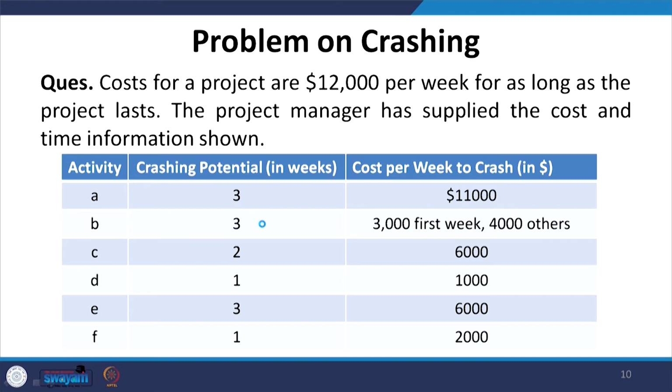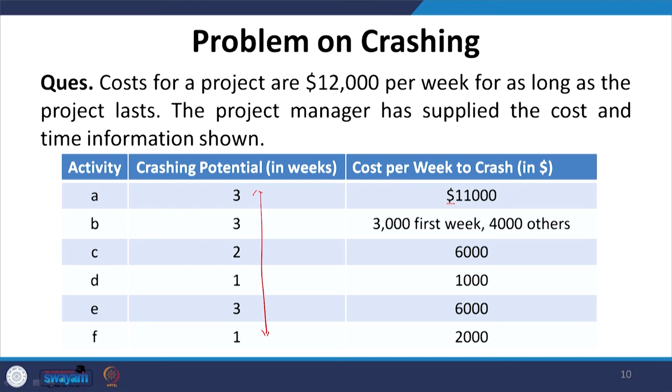Now, these are the different activities A, B, C, D, E, F, and these are the crashing potential of these activities: you can reduce activity A by 3 weeks, activity B by 3 weeks, C by 2 weeks, D by 1 week, E by 3 weeks, and F by 1 week.